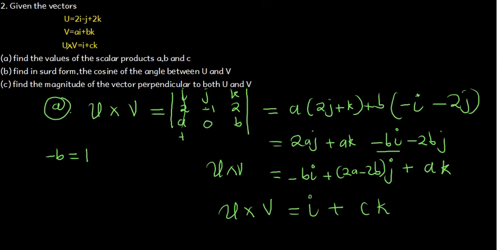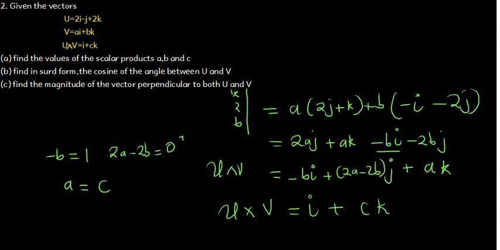The coefficient of j here, that is 2a minus 2b, should be equal to the coefficient of j here, but we don't have any j, so that is 0. And the coefficient of k, that is a in the first, should be equal to the coefficient of k in the other one, which is c. So that is going to be it.